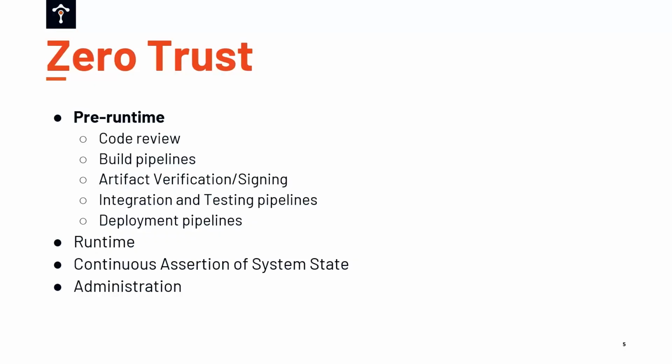I like to divide this up into 4 pillars or 4 areas. The first is pre-runtime, so everything that it takes to get an artifact and run it in production. There's a ton of process and a ton of humans involved in that cycle, from code review to the build pipelines themselves. Where does the build happen? Can it be done reproducibly and hermetically?